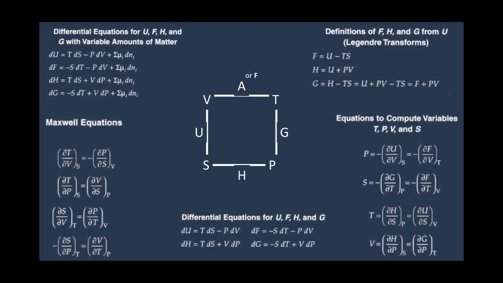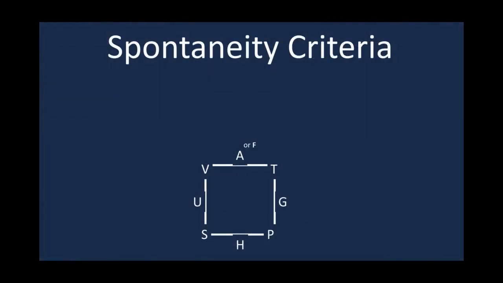Then I think we have completed Legendre transforms, equations to compute variables, and differential equations for U, F, H and G, Maxwell's equations, and this also. Next, we also calculate the spontaneity criteria for a reaction to perform.